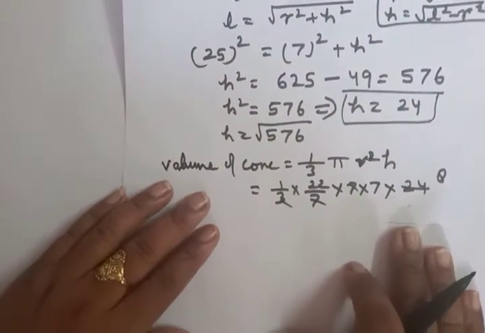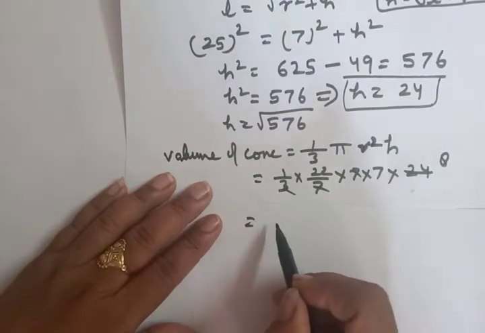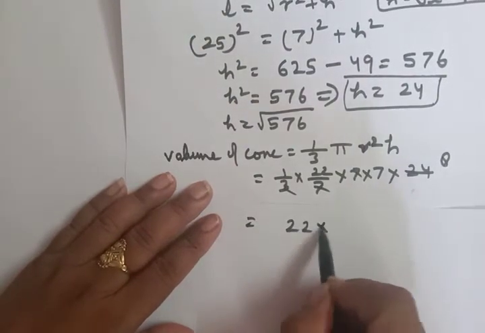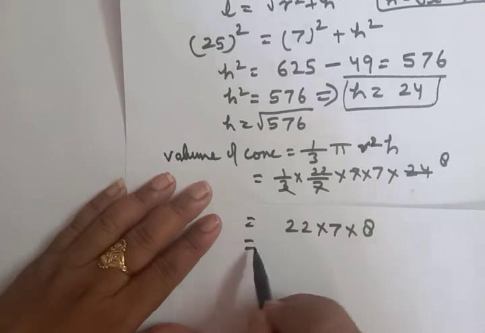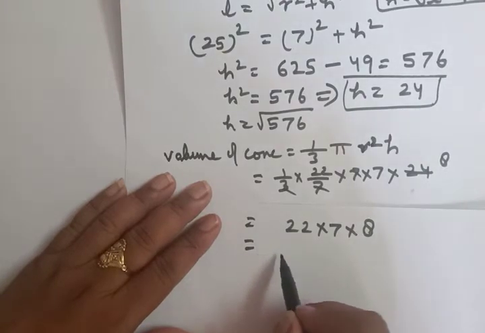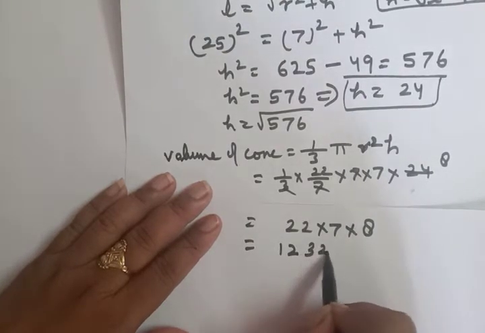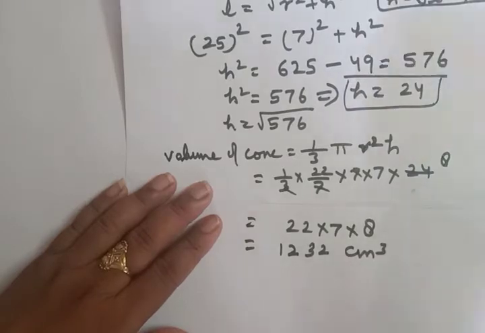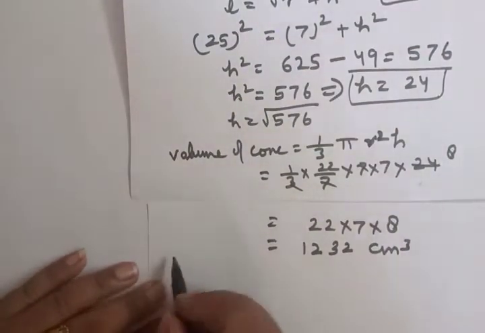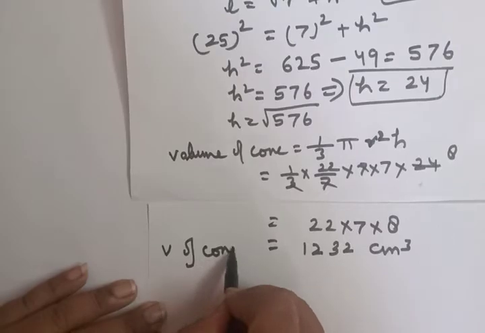Now we are left with 22 into 7 into 8, that will equal 1232 centimeter cube. So volume of cone we have found.